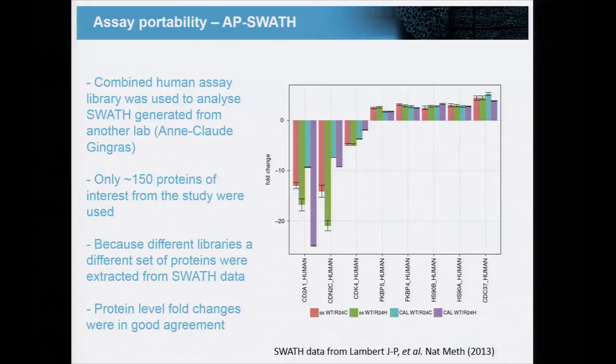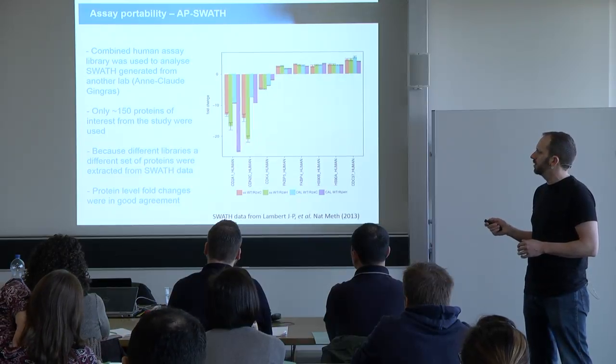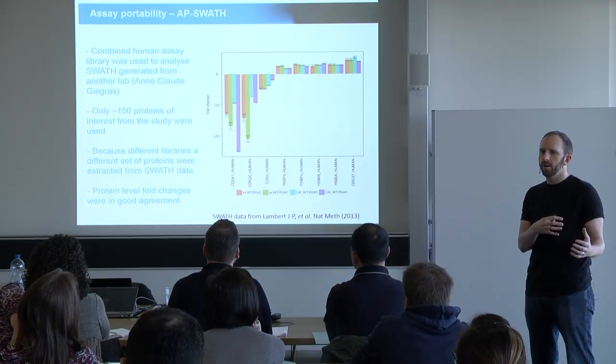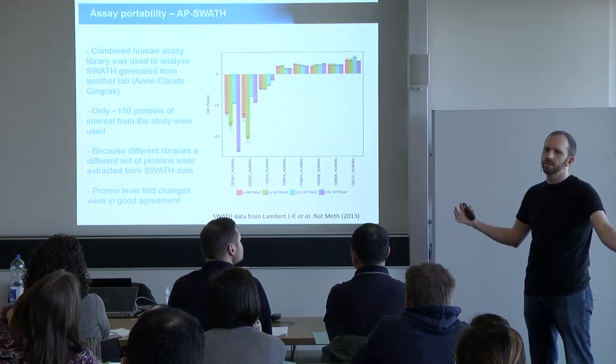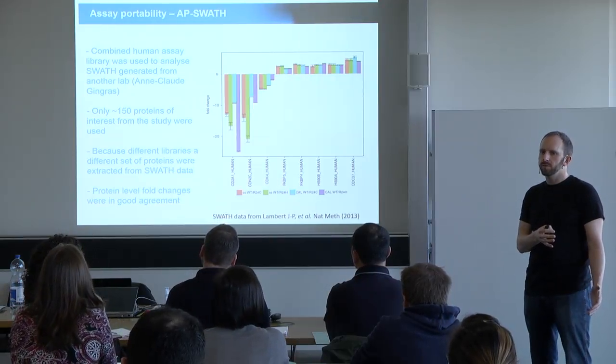She had published some SWATH analysis of affinity purifications, and because it was affinity purifications, there were only about 150 proteins of interest in this study. So we took all of the assays for these 150 proteins out of the large library, and then we extracted using our library from her SWATH data, collected on 2 different continents on 2 different instruments. And the question was whether we would get the same answer as what she got or not.